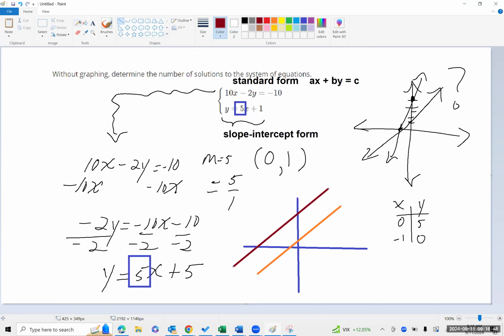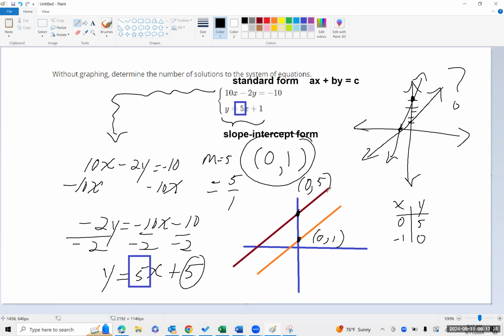Now, they may have a different y-intercept. We already said this y-intercept was 0, 1. Now this one is 0, 5. But the bottom line is that if lines have the same slope and a different intercept, they are parallel.